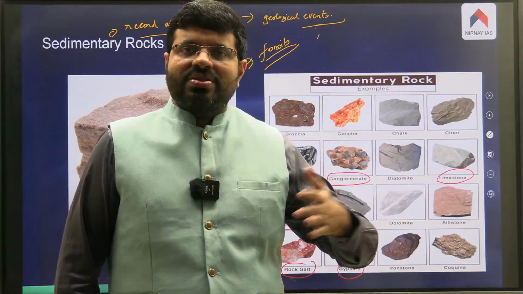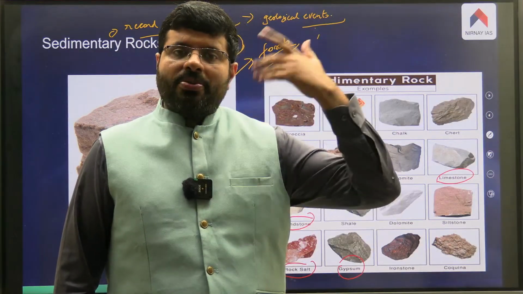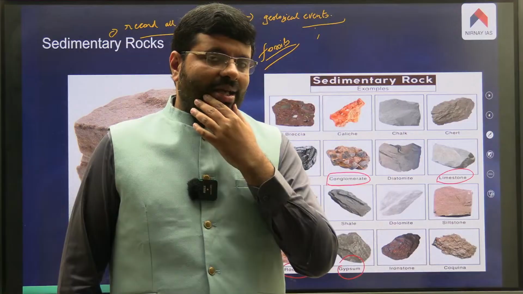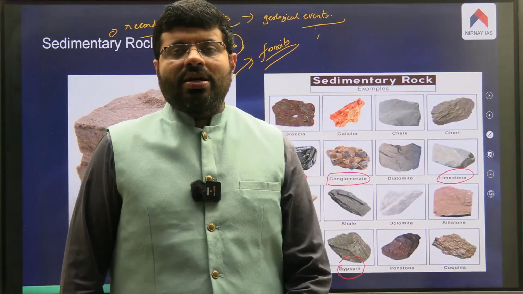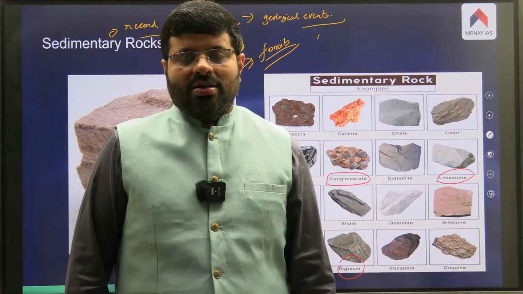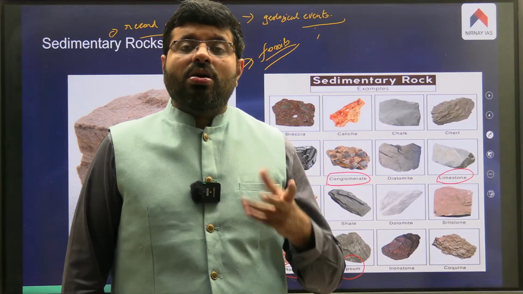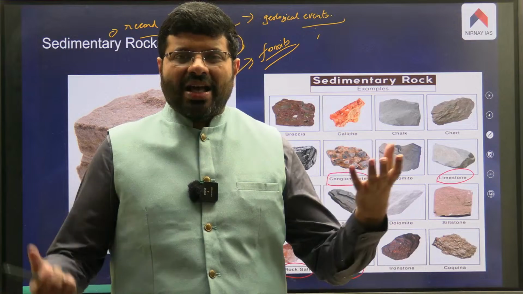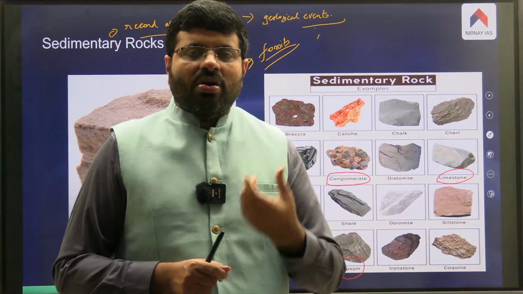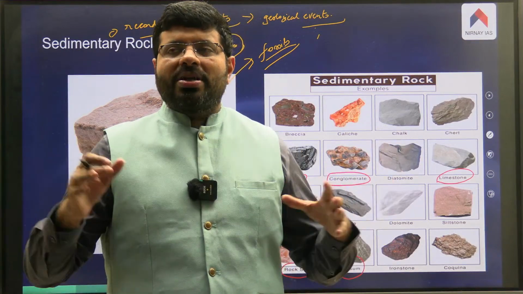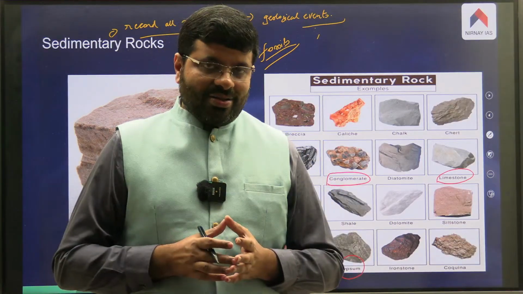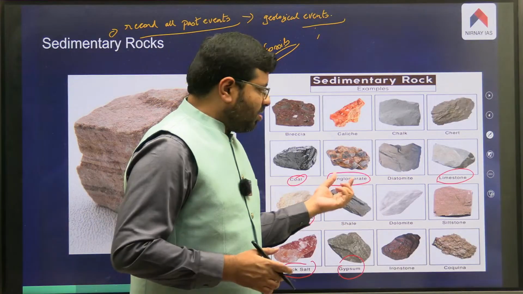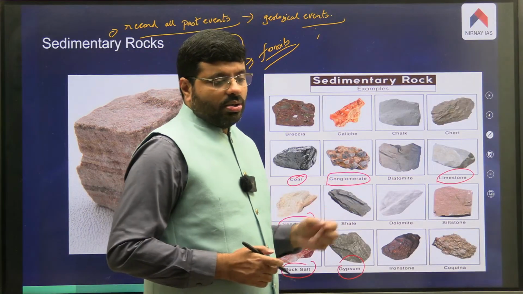The rivers which have eroded the upper portions of the Himalayas have dumped all the sediments on the Shivalik area, and these Shivaliks are nothing but conglomerate rocks. Conglomerate means aggregate of rocks, no? When multiple companies come together, we say conglomerate, an accumulation. So I can say that Shivalik rocks are also conglomerate rocks.